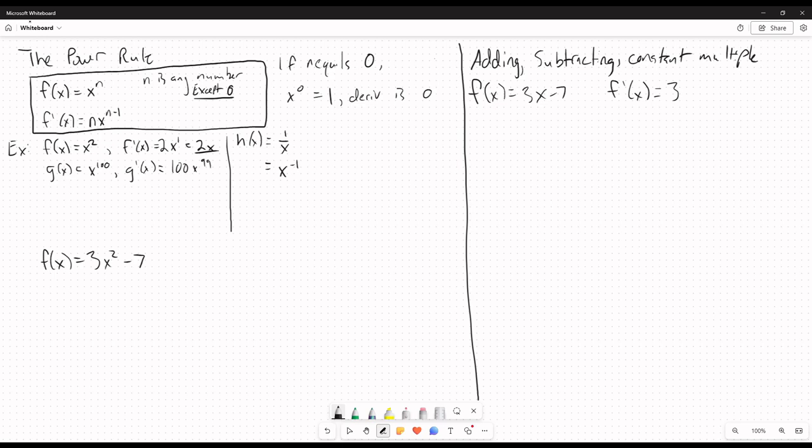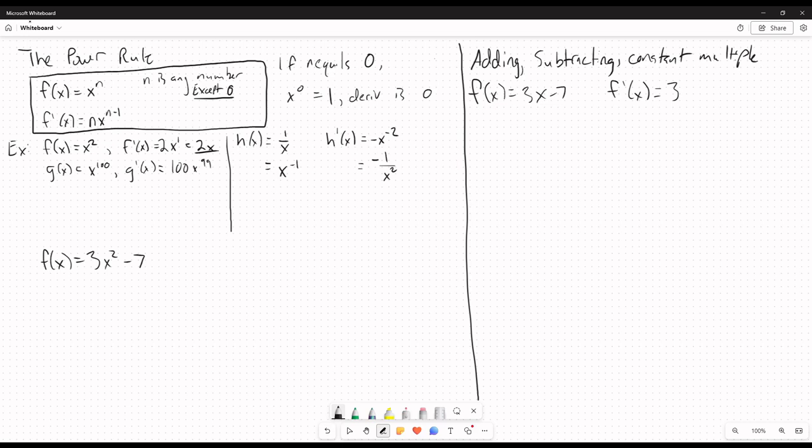So once we rewrite it that way, it's really clear to see that h prime of x equals -x to the -2, which is the same as writing -1 over x squared. And again, a reminder, taking a negative exponent just means moving it from the numerator to the denominator or vice versa.